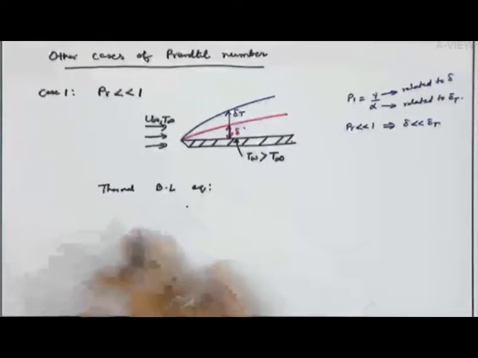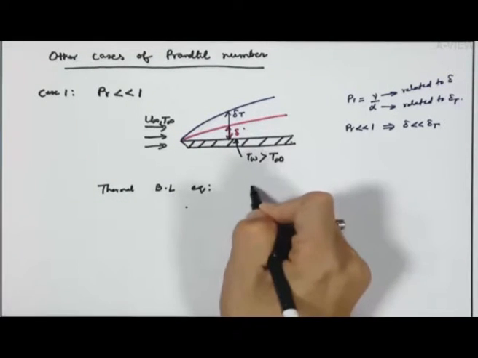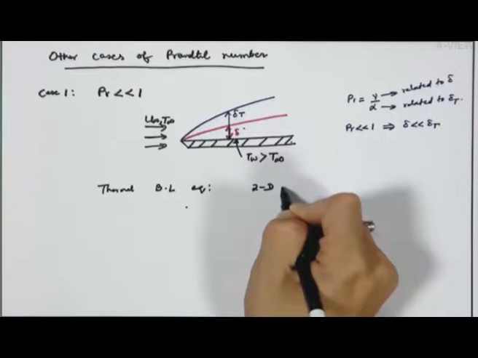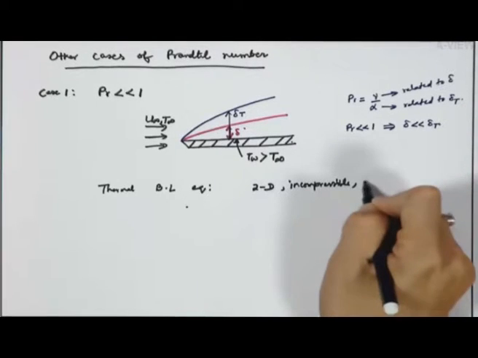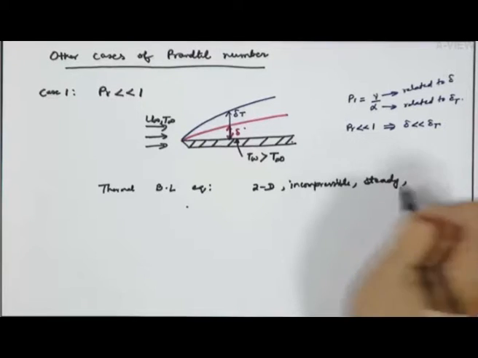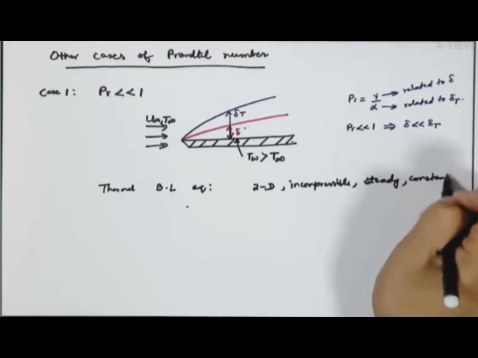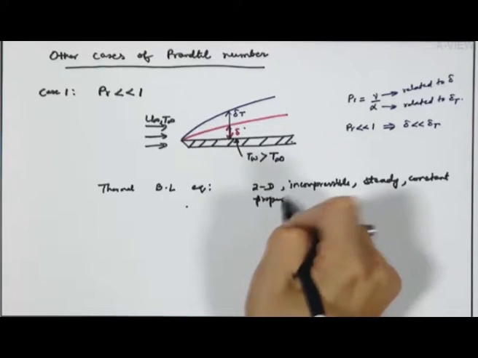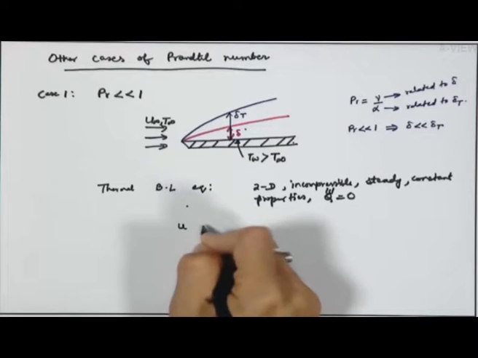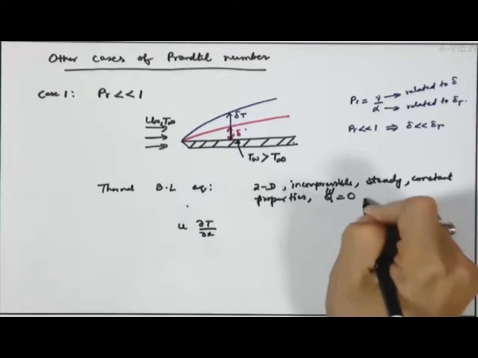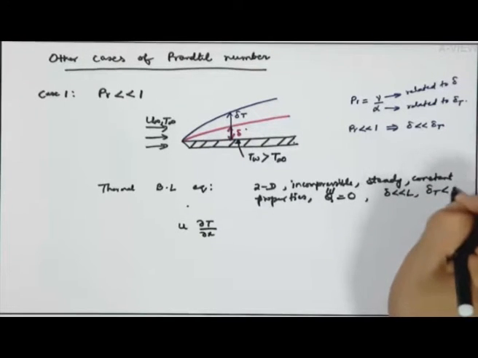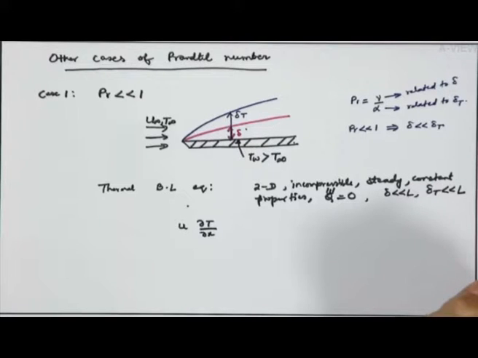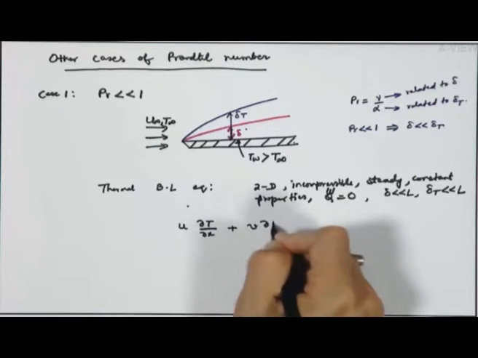We assume as usual two-dimensional, incompressible, steady flow and constant properties. What we come up with is delta much less than L and delta T much less than L, so that you can use the hydrodynamic as well as the thermal boundary layer equations. So, u del T del x plus v del T del y.